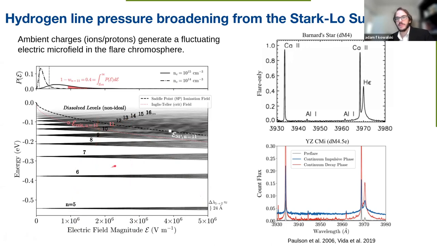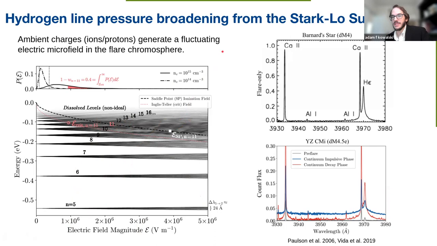So how do we know this is even important in solar and stellar flares? Well, the evidence comes from looking at the stars. On the right, I show two different observations of two different M dwarfs during two very different flares in terms of their energies.